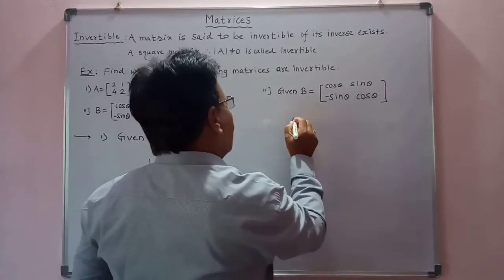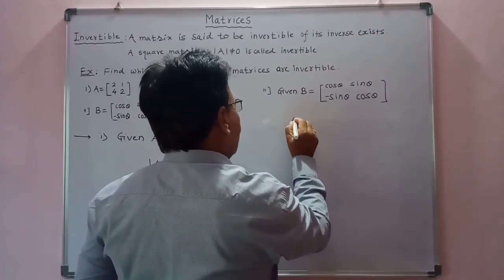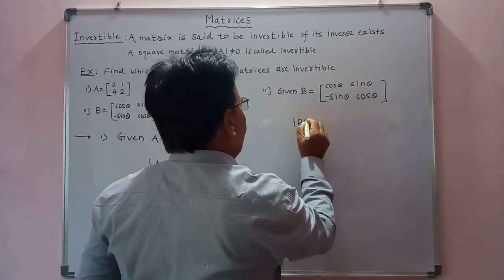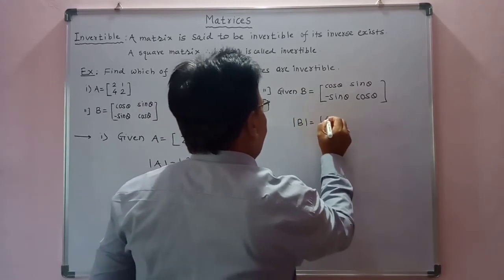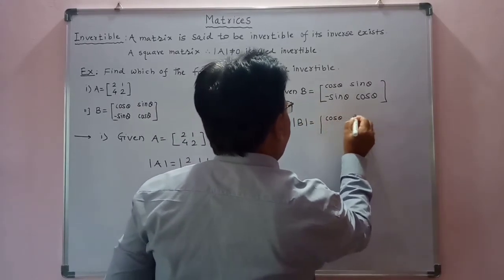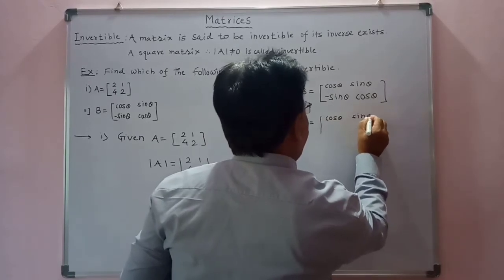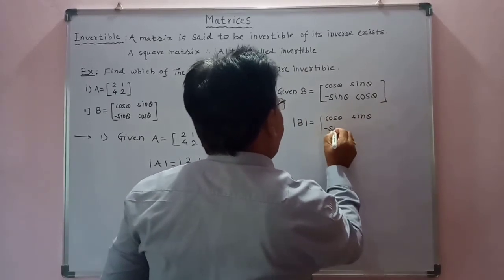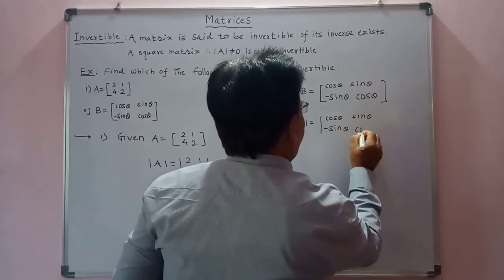Therefore, taking the determinant of both sides, determinant B equals the determinant of cos theta, sin theta, minus sin theta, cos theta.